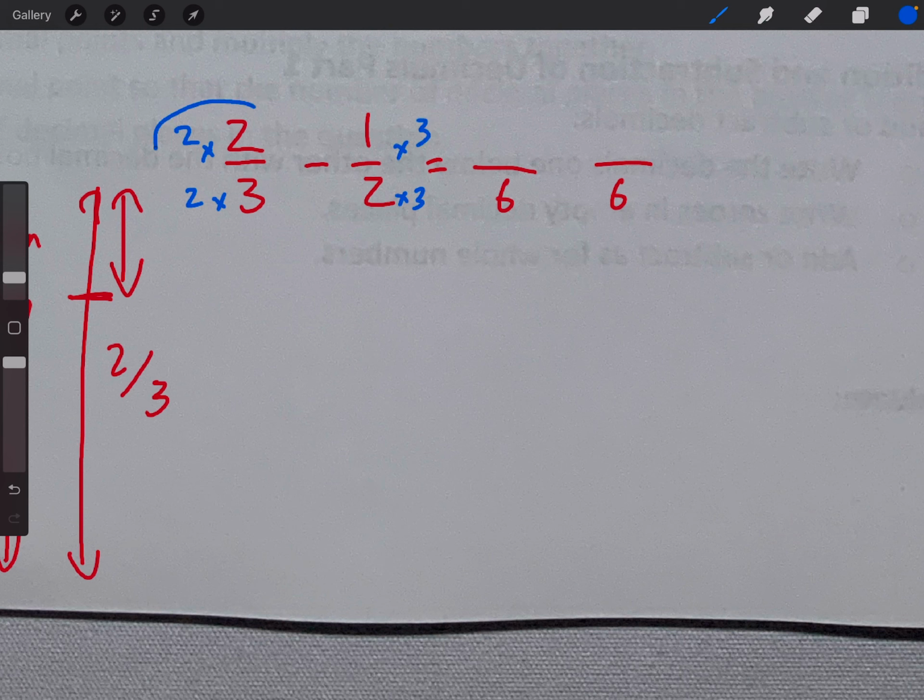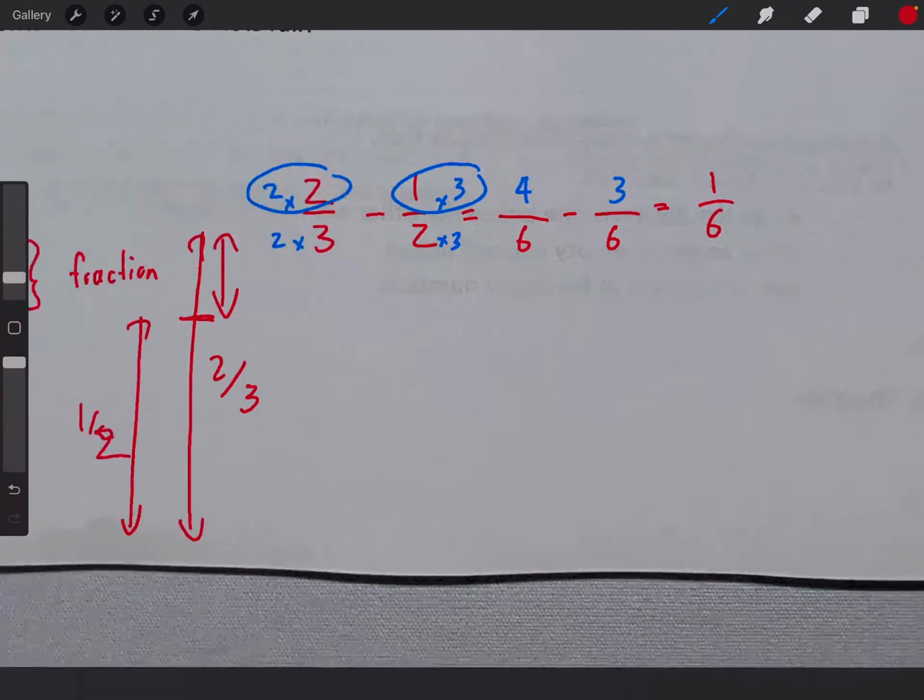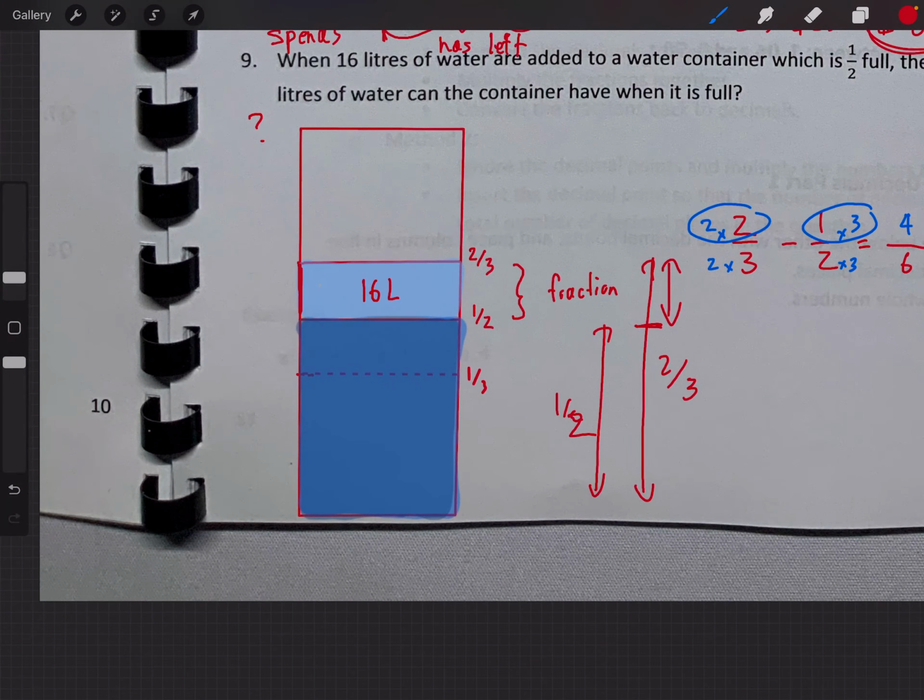So 2 times 2 gives me 4, and 3 times 1 gives me 3. And we're doing a subtraction. So 4 take away 3 is 1 over 6. So this portion here is 1/6 of the whole water tank.